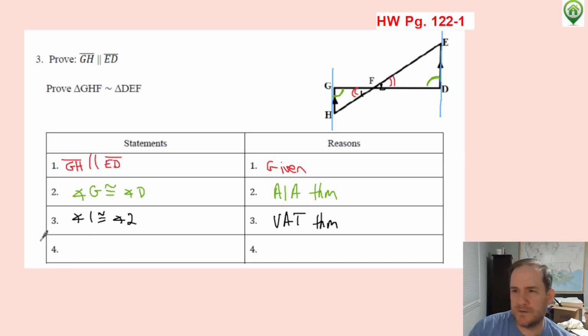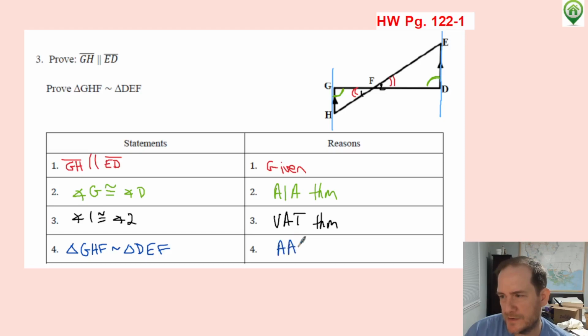And that's it. We can now say that the triangles are similar. So triangle GHF is similar to triangle DEF by angle similarity.